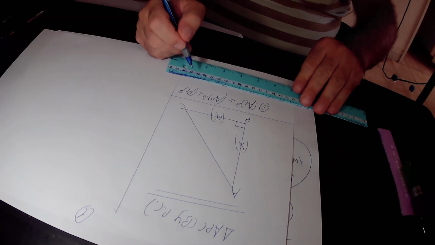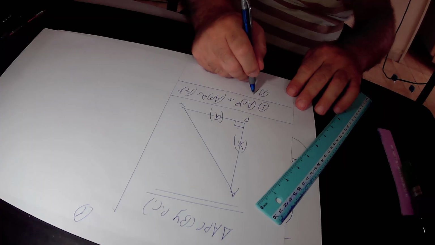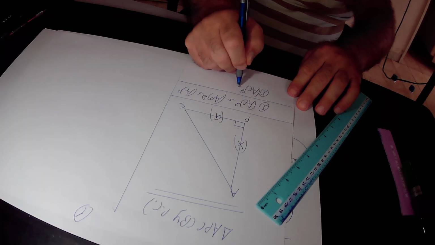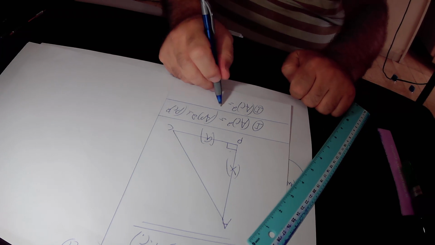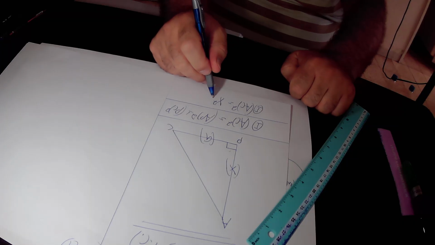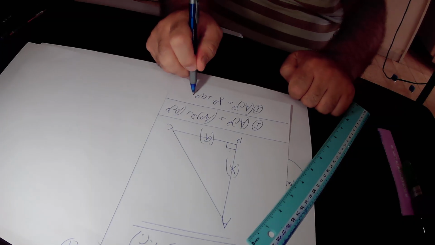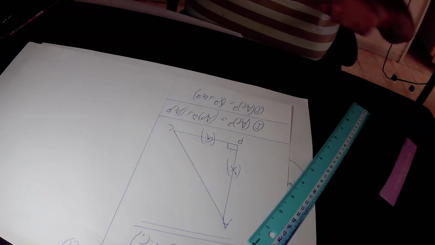The hypotenuse AC is the missing side, so we leave it as it is. AP is x, therefore AP squared is x squared, plus PC squared. PC is A, therefore PC squared is A squared. So in total, according to equation 1, we find that AC squared equals x squared plus A squared.